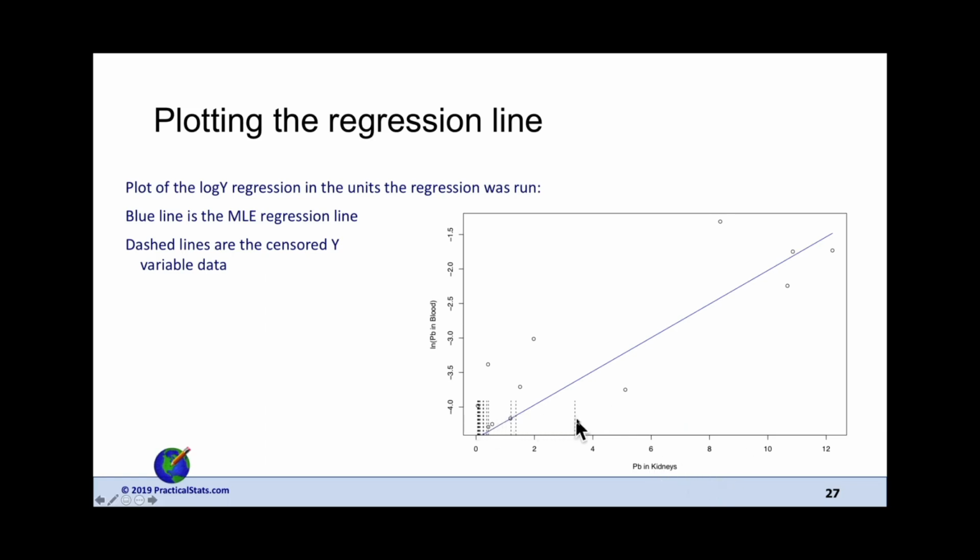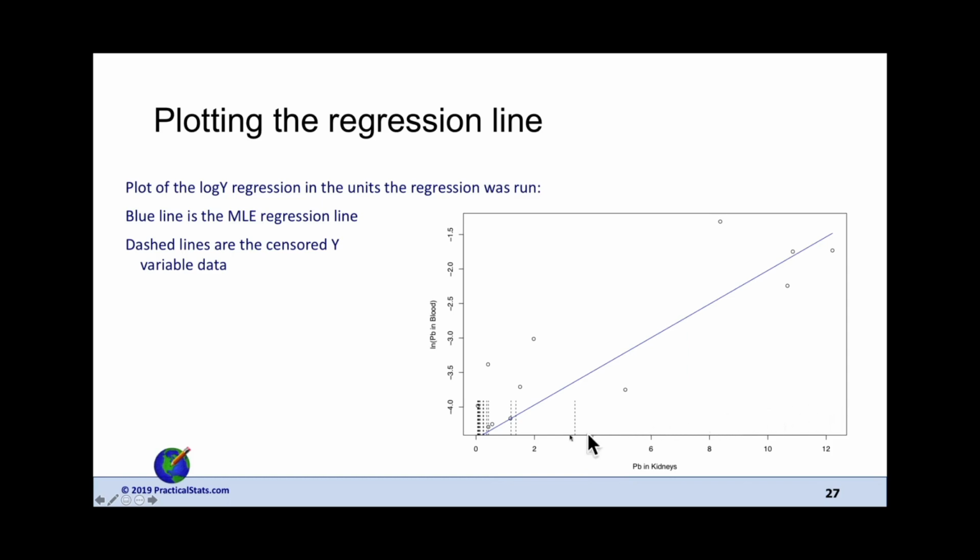Note that these dashed lines represent the non-detects, and look at the frequency that they occur. There's a lot of non-detects, so a pretty high proportion of non-detects at the low end for kidney. When the lead in kidneys increases, above 3 point something, there are none.